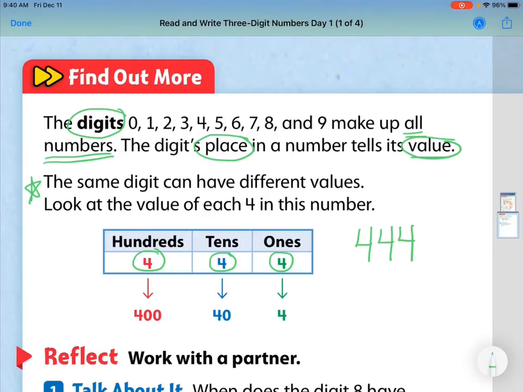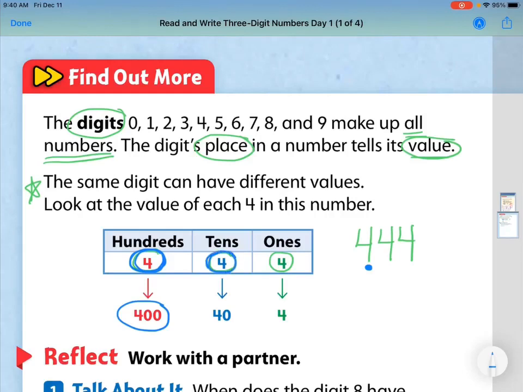But this one, let me get a different color. This one here in the hundreds place is not representing a value of 4. It's not the value of 40, it's the value of 400, and that's because its location tells us it's in the hundreds place, so that is the value of 400.